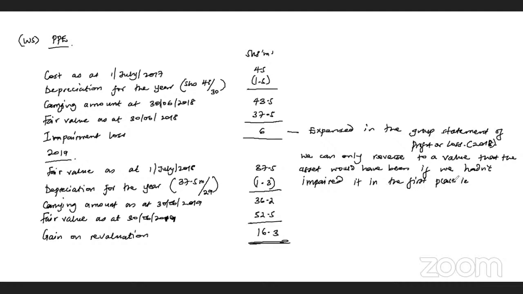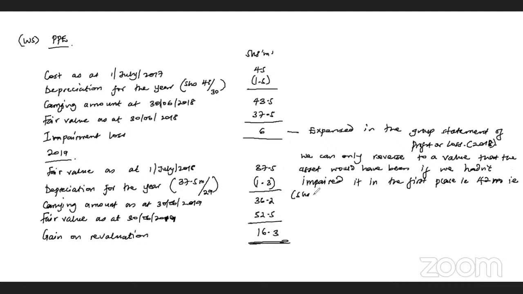If there was no impairment, the carrying amount of this asset would have been 42 million as at 30th June 2019. So how do I get the 42M?